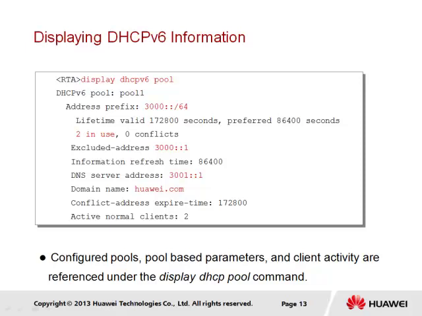For this prefix range, two hosts are currently seen to be utilizing DHCPv6 allocated addresses from this pool, which excludes the address of 3000::1. We are also able to see the additional configuration information that is managed by the DHCP server, including DNS server addressing and also the domain suffix for the domain to which associated users are considered to be a part of.